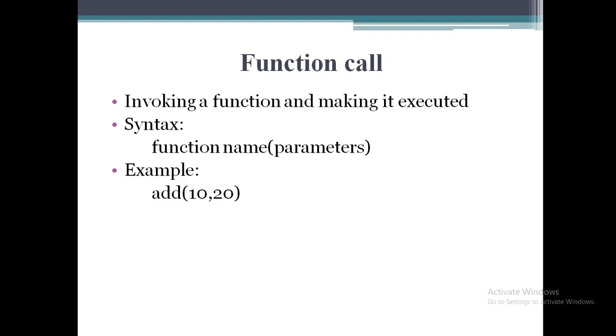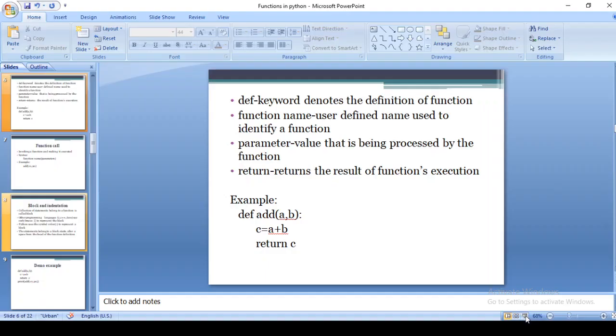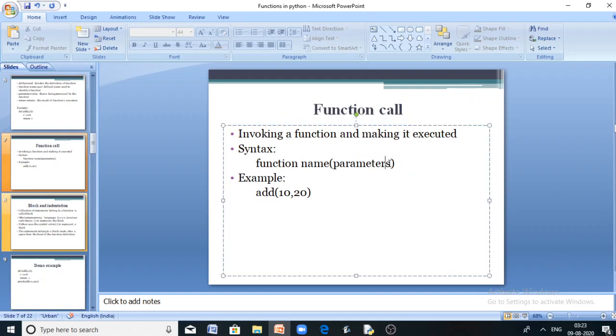So the syntax of calling a function is the function name, followed by a set of parameters. But here we have to say that it's not only parameters, it's arguments. In Python, any set of values mentioned within the function definition are called parameters, and any set of values passed in the function call are called arguments.